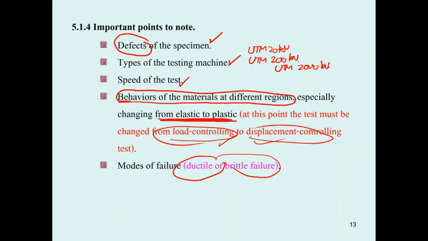Cast iron fails by brittle failure. For steel, it fails in ductile failure. Steel can elongate a lot before failure, but cast iron deforms very little when it fails.